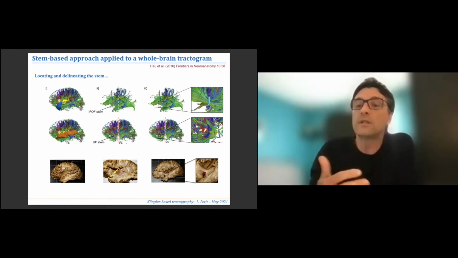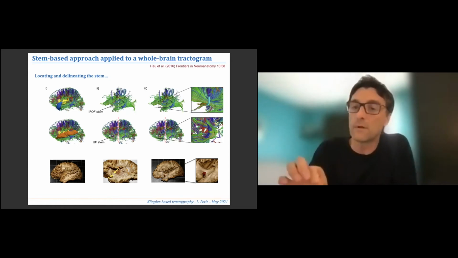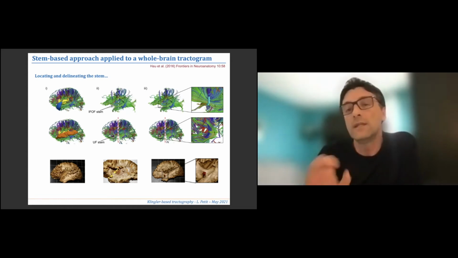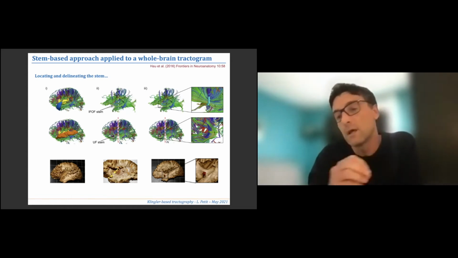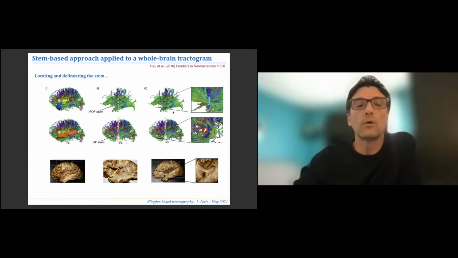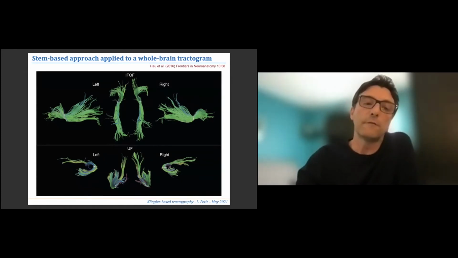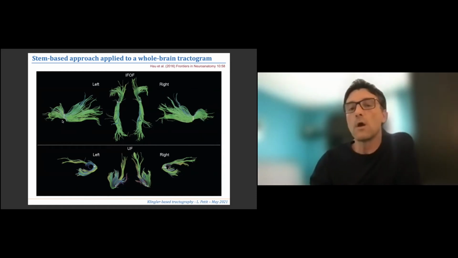Then you can keep all the fibers which are passing through this stem without any a priori for this extraction of the IFOF. Doing so, you get access to the complete representation of the IFOF by just taking into account all the fibers which are passing through your regions of interest, which correspond to the stem of the bundle.